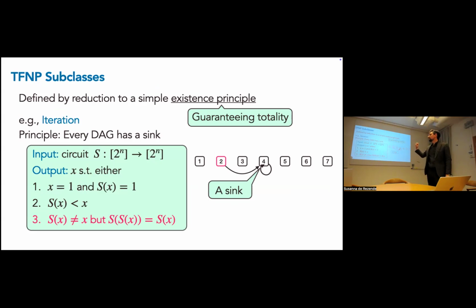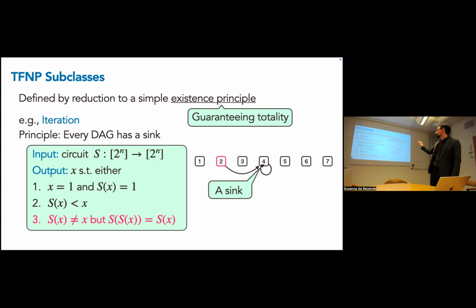So this is iteration. So you're given, it's the principle of finding a sink in a DAG, but we can just think of it like topologically number the vertices in a DAG. We want that 1 is like the root of the DAG. 1 should point somewhere that's not itself. We're going to say that if a vertex self-loops, it's like not included in the DAG.